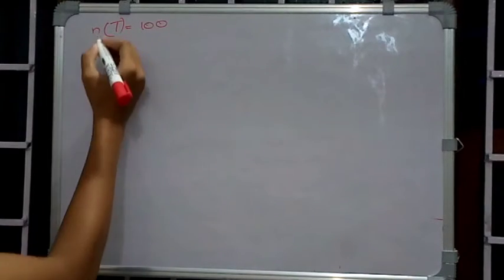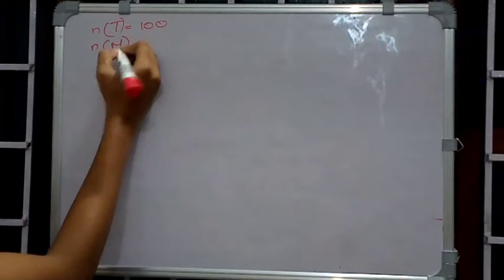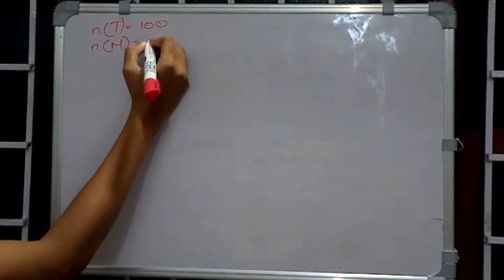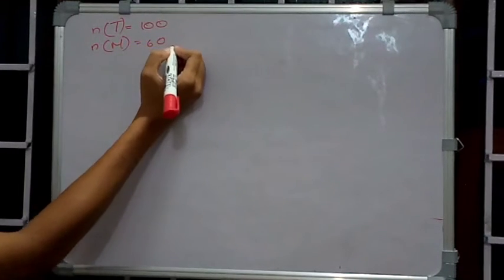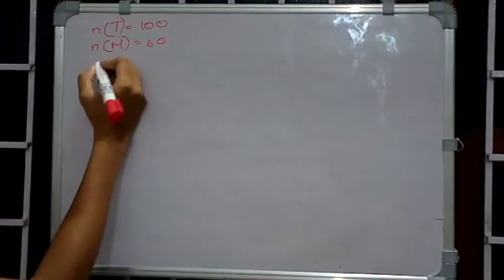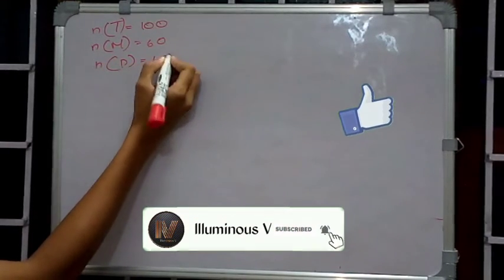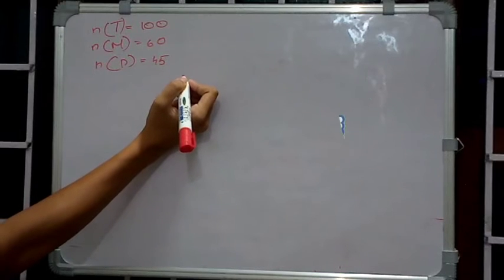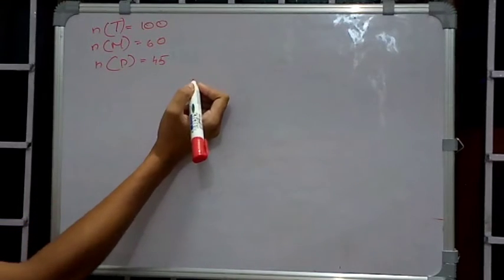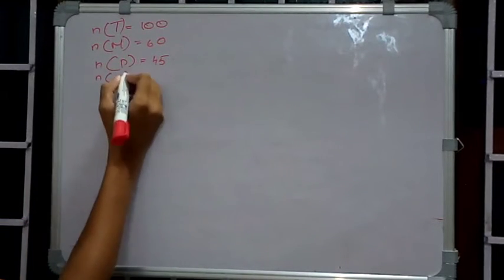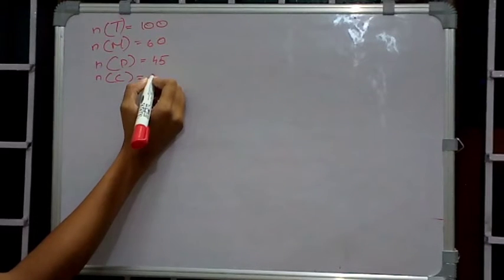It is found that 60 students study mathematics, therefore n of M is equal to 60, and 45 students study physics, n of P is equal to 45, and 35 students study chemistry, n of C equal to 35.